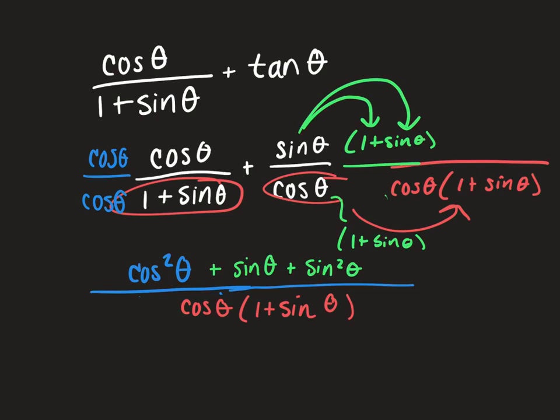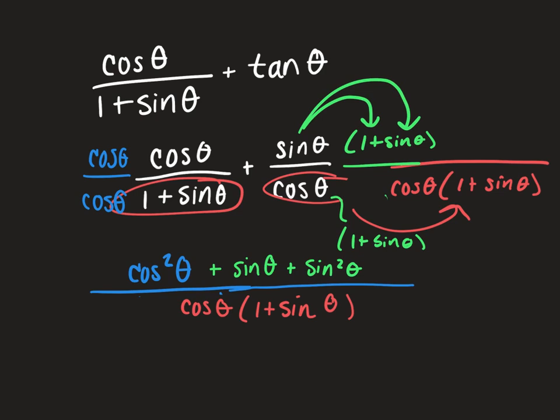So, we have, can we simplify anything on the top? No. Are you sure? We have a cosine squared and a sine squared. No, we're adding them. If it was sine times sine squared, you could write it as sine cubed.